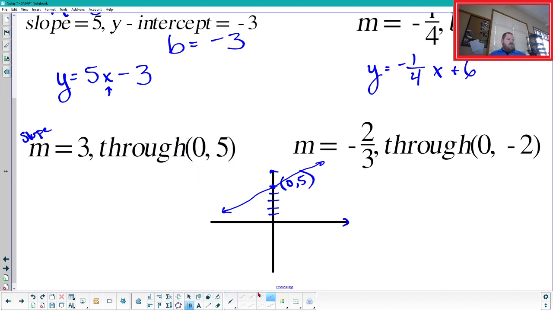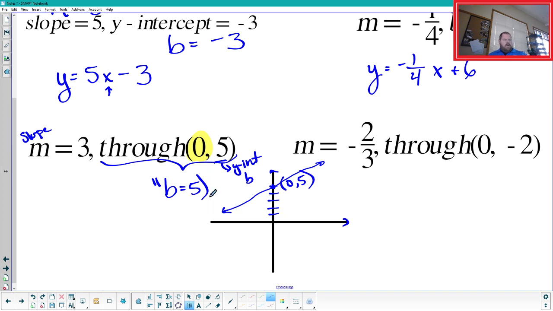Whenever the x-coordinate is 0, the accompanying y-coordinate is the y-intercept, or you might say it is b. So this whole statement here, through (0, 5), is really just a fancy way of saying that b equals 5.